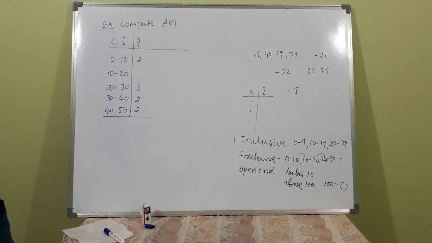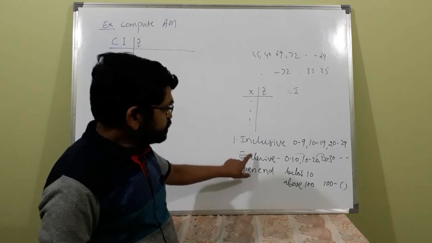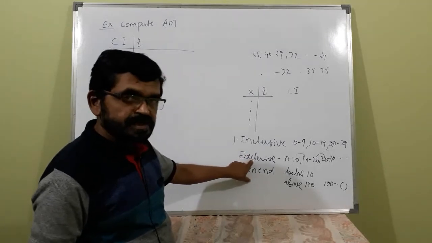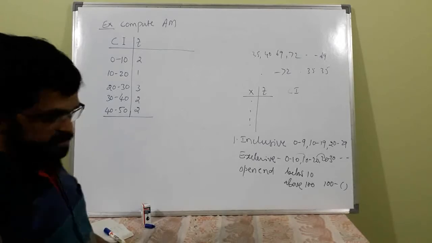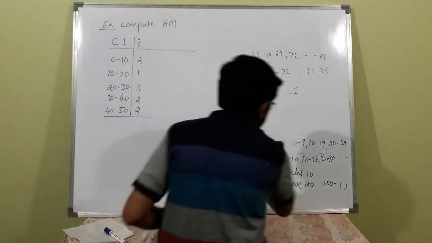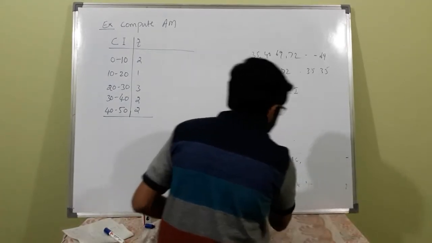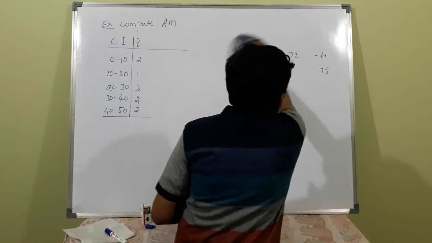Usually, whichever may be the type of class interval, we convert that into exclusive class interval, then compute whichever average is required.